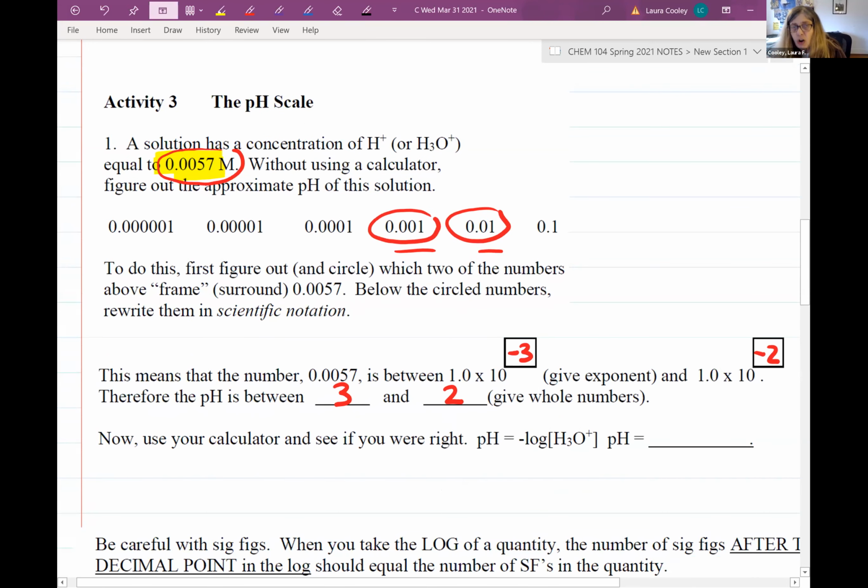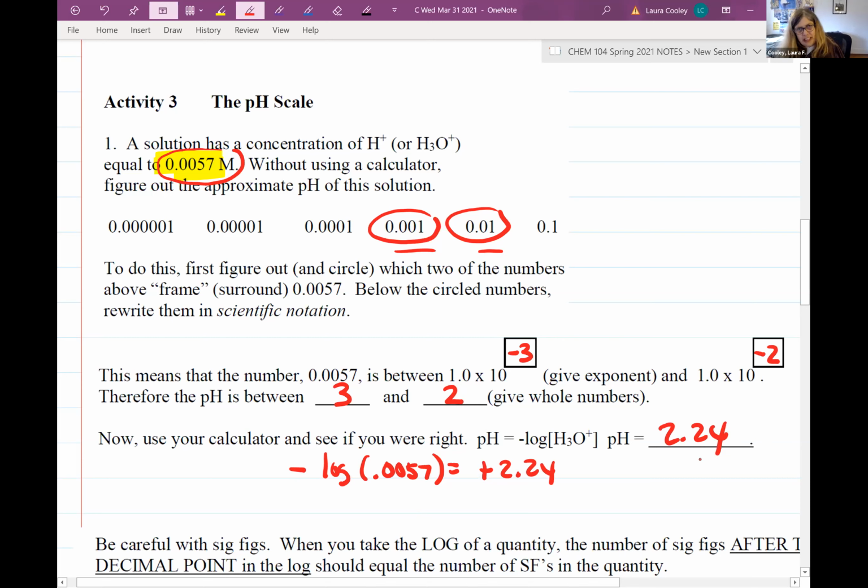So I know that when I take my 0.0057 and put it in my calculator and find the log of it and then take the negative of that, the log of 0.0057 is negative 2.24. So now the negative log is 2.24.